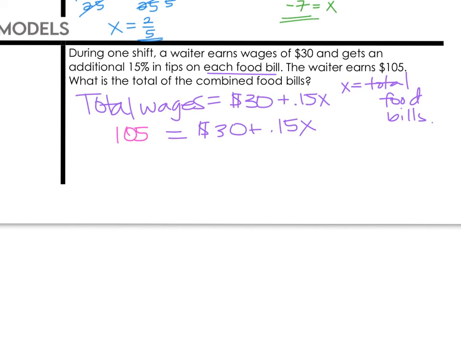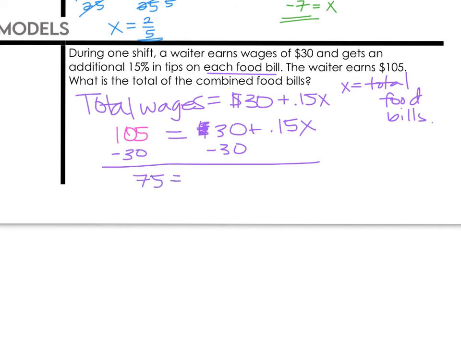To figure out how much the food bills were, now we're going to solve for X. This just brings us to a linear function, or a linear model. To get X by itself, we'll move that 30 over. If I move 30 over on the left-hand side as well, 105 minus 30 would equal 75.